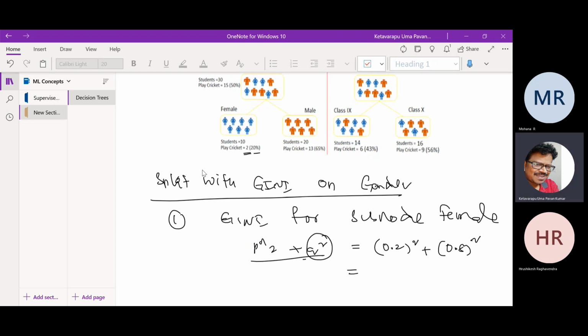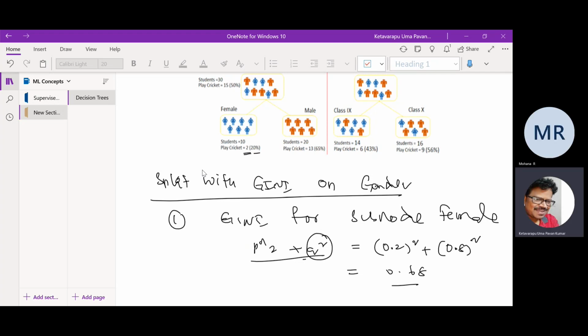So for the female, after computing this total, we'll be getting some value like 0.68 or something like that. For the sake of maintaining the timing, I computed this particular thing for us, guys.